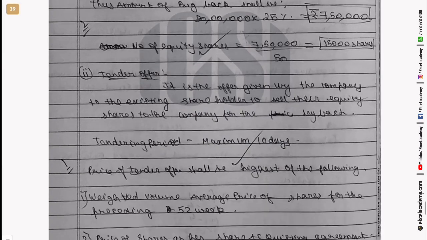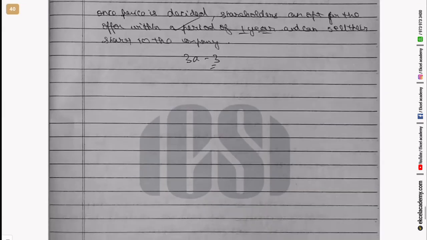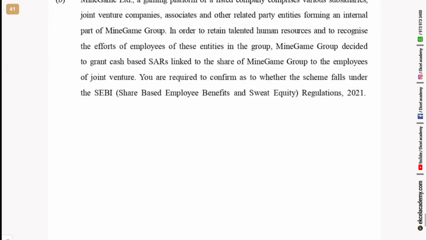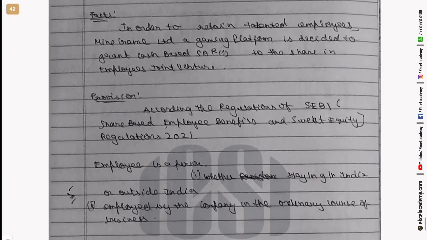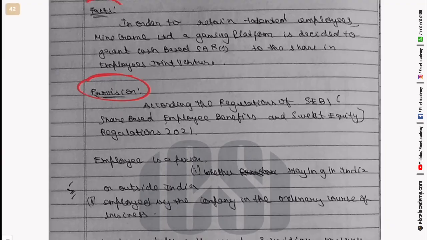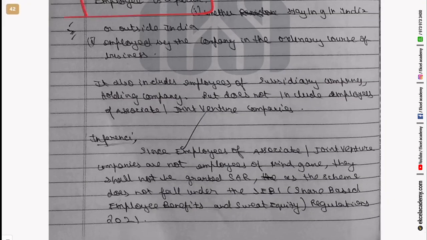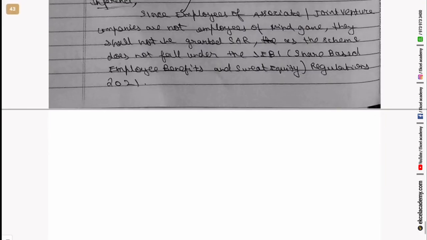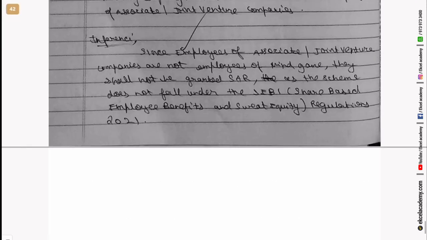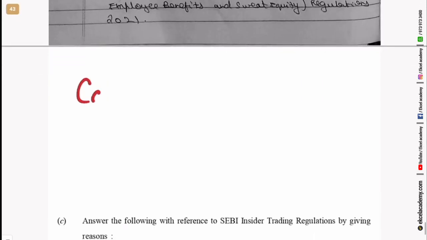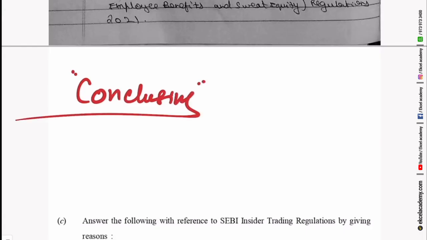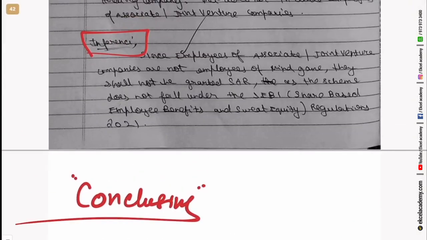Then again, a problem oriented question. He has written it well. I don't want to repeat the same thing, the same style he has been adopting. So see here: facts, provisions, and the provisions are correct. 5 marks have been scored. And very nice inference. You can call it conclusion, you can call it inference, whatever, but make sure that you're bringing out the law.